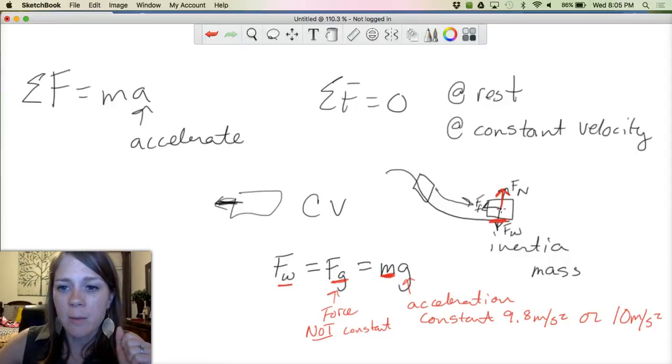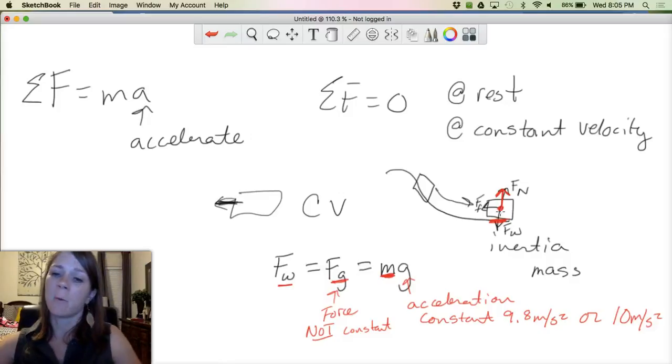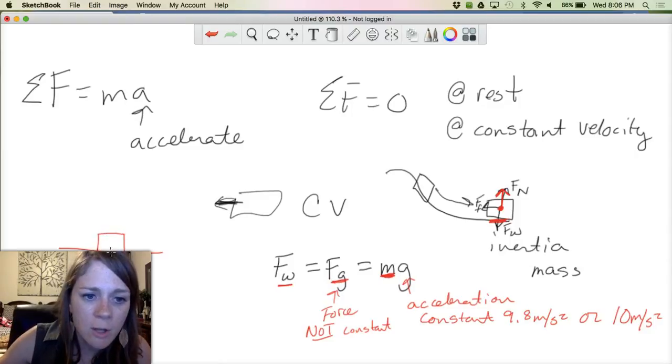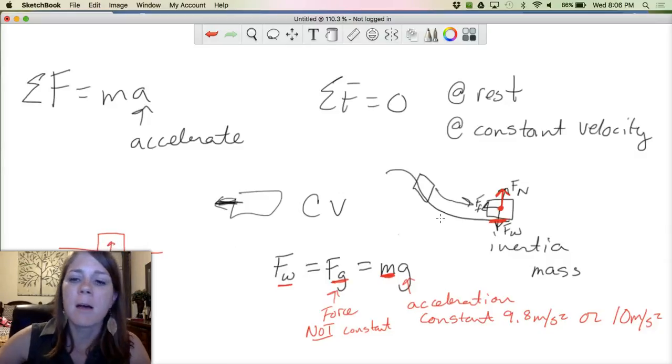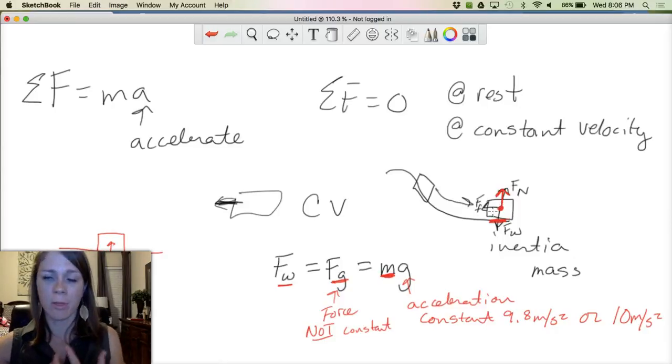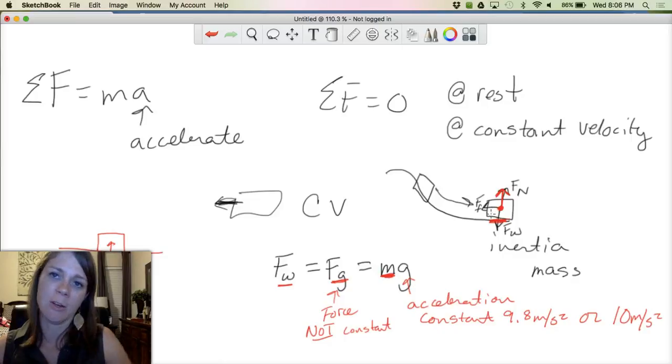Now we draw the force coming from the center of mass of that object. But if I were to redraw this, and here's the actual box, the actual force starts at the surface and pushes up. But whenever we do a free body diagram, we start the forces at the center of mass because that's effectively where they're all acting upon that center of mass.